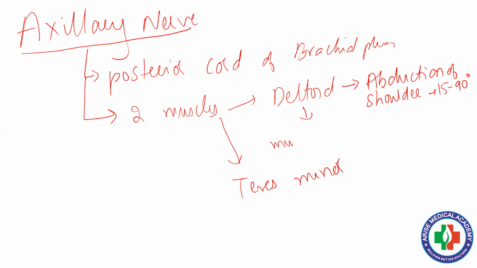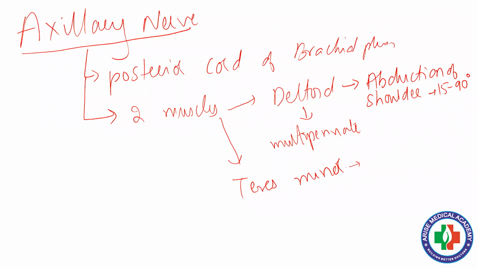It has fibers anteriorly, superiorly, and posteriorly. The anterior fibers help in flexion of the shoulder. Superior fibers help in abduction of the shoulder. Posterior fibers help in external rotation and extension of the shoulder.